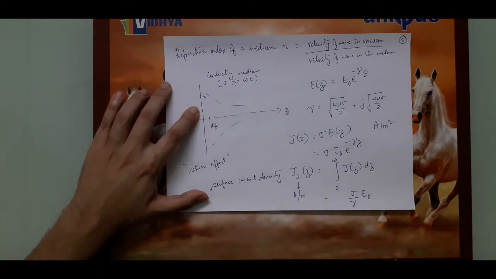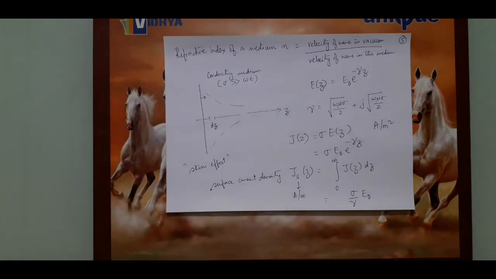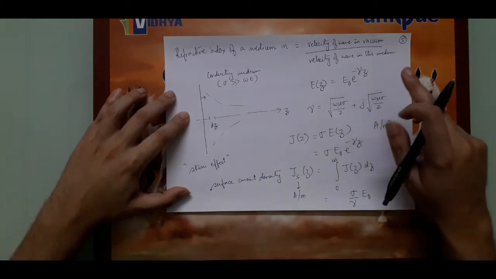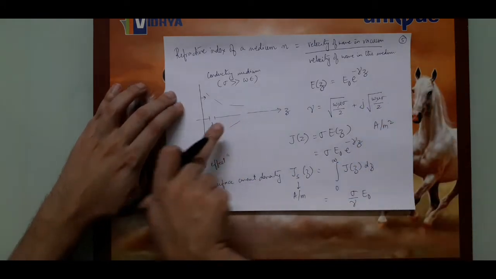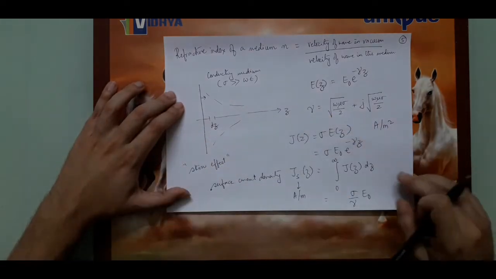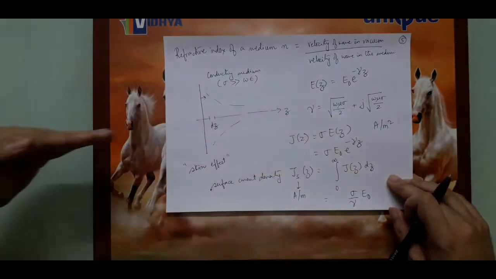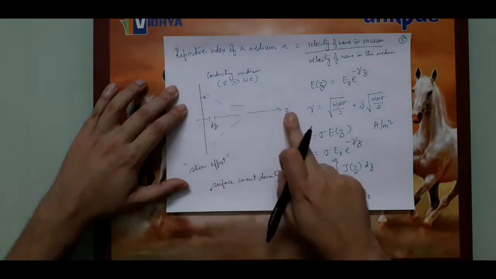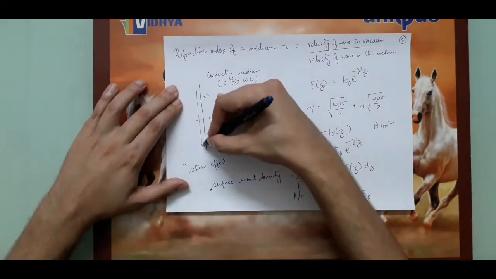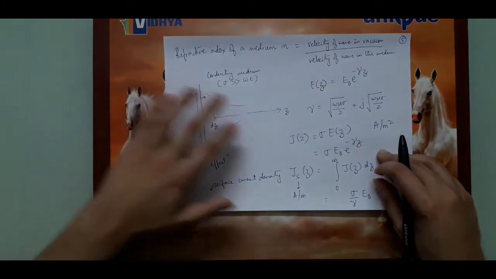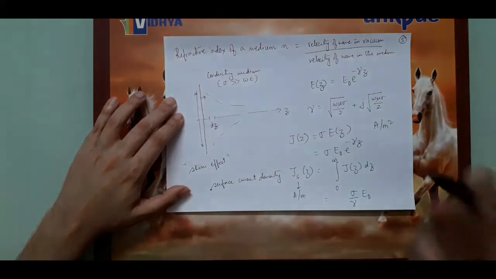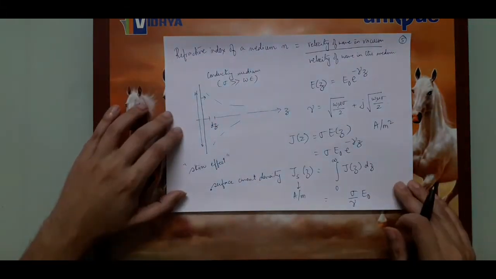Now we know that even though the wave is propagating along the Z direction, the electric field vector is a function of Z but has to exist in an axis that is perpendicular to Z. It can exist along the x-axis or the y-axis, that is immaterial.